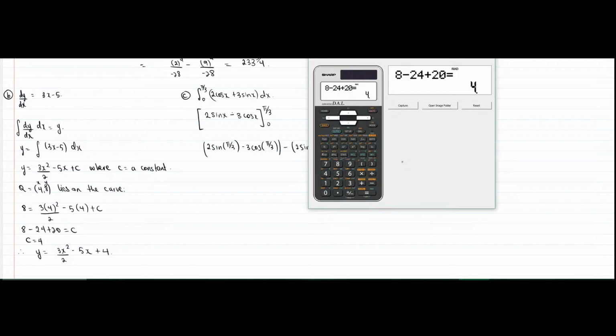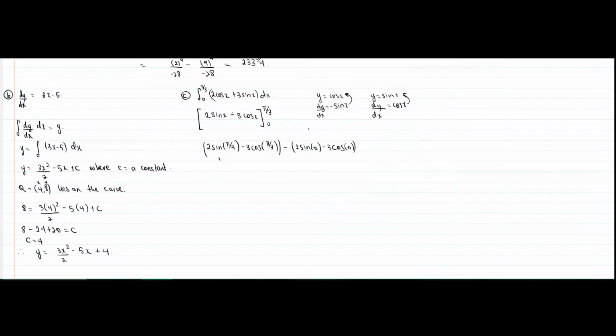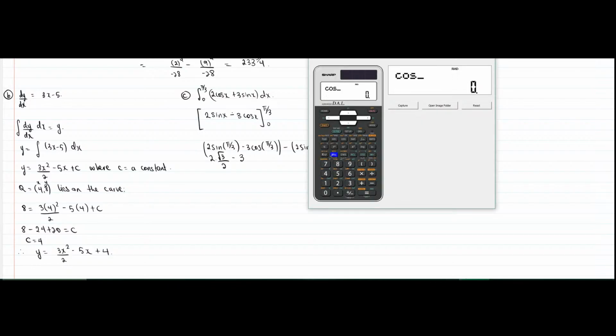Sine of pi on 3, we're in radians already, is root 3 on 2. So this is 2 multiplied by root 3 on 2, take away 3 times cosine of pi on 3, which is a half.